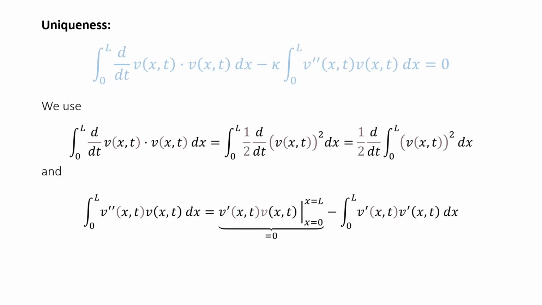Now, because of the boundary values, we readily observe that v(x,t) equals 0 for x equals 0 and x equals L, no matter what time t. So, the boundary values just vanish, and so we can express the integral as an integral of v' against itself. Let's summarize that.